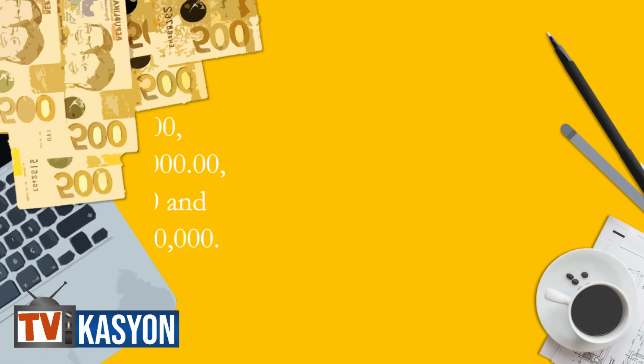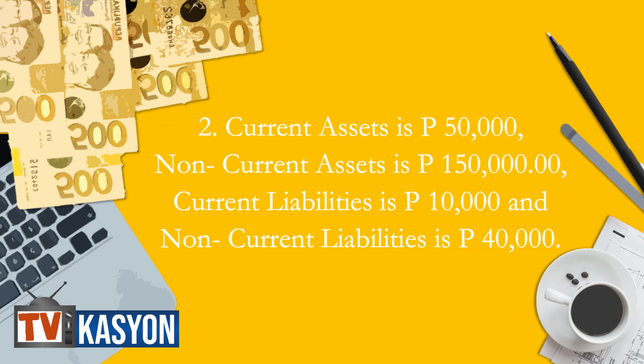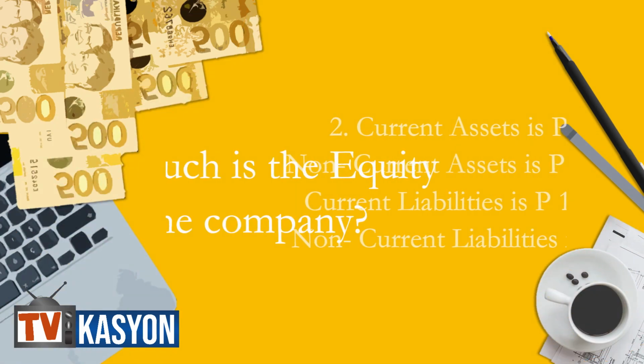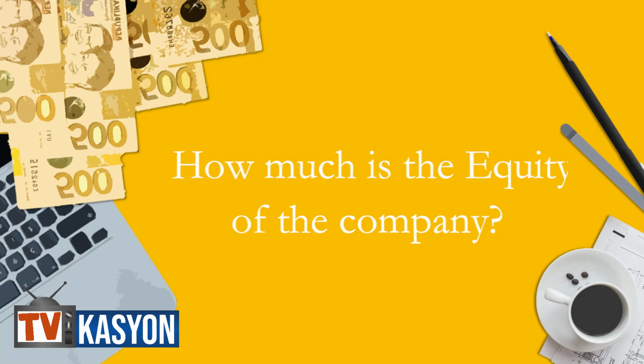Terrific! Number 2. Current assets is 50,000, non-current assets is 150,000, current liabilities is 10,000, and non-current liabilities is 40,000. How much is the equity of the company?